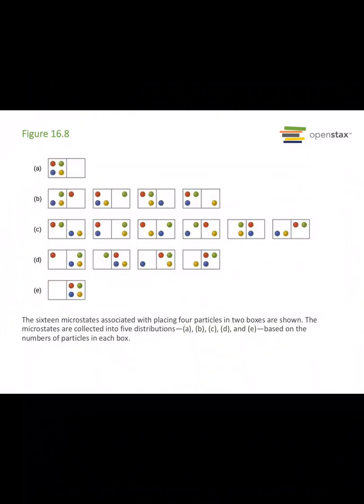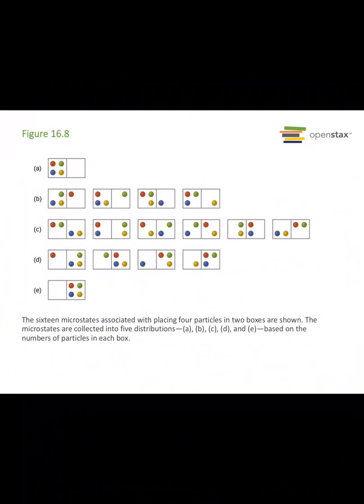So let's say that we have two boxes and you have four particles. How many ways can we distribute those four particles between those two boxes? One way of doing it, if you look at A, is having all the particles in box one.